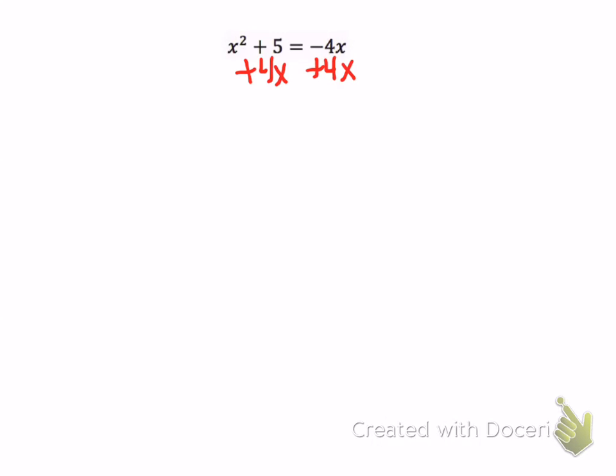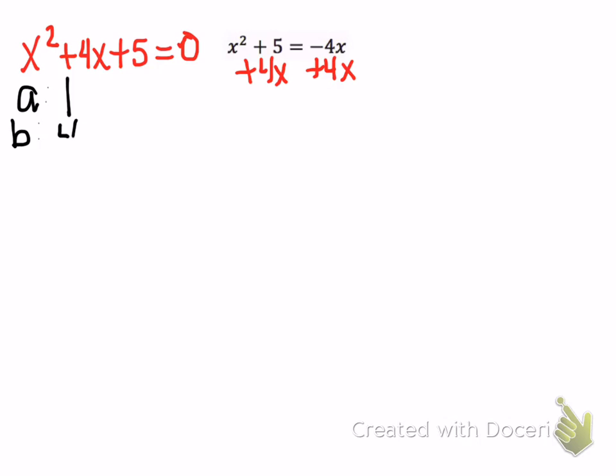So I have the equation x squared plus 4x plus 5 equal to 0. Again, my a value is 1 because that's the number in front of x squared. B happens to be 4, and C happens to be 5.